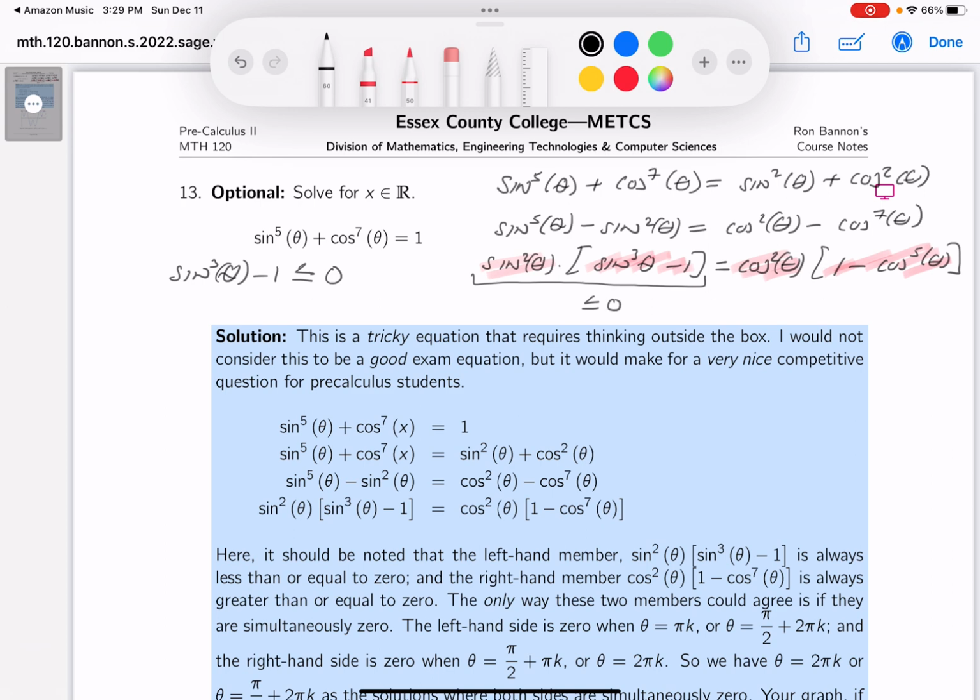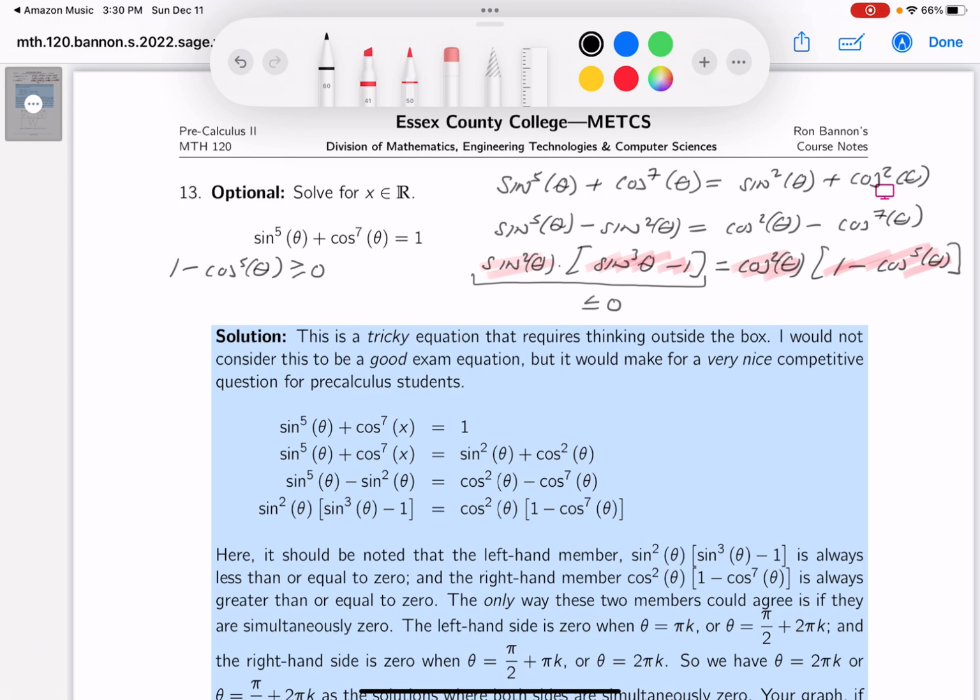All right, let's put the other side down. Well, again, I'm looking at that cosine squared. It's always non-negative. And then I look at the 1 minus cosine to the fifth. Again, it's bounded. So looking at that, that thing is always going to be greater than or equal to 0.